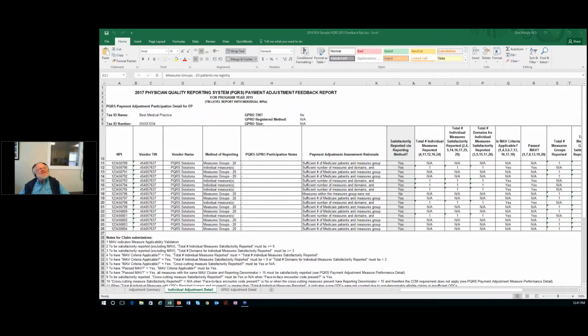I am dealing with a specialty practice that's getting hit. They have only 20 patients attributed to them, so they've just hit the number that makes them judged. If you're below 20, it doesn't happen.